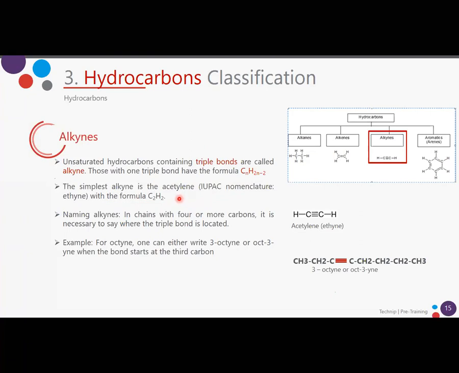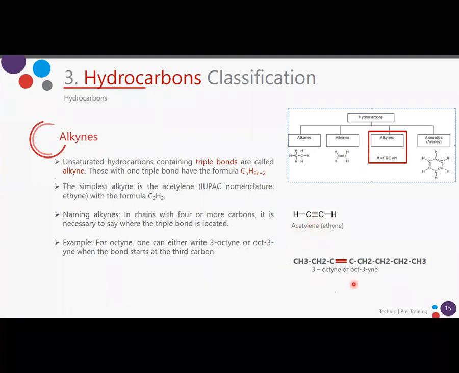How do we name these alkynes? In chains with four or more carbons, it's necessary to say where the triple bond is located. Let's see an example. Here we have the simplest one, ethyne or acetylene, with the triple bond between these two carbons.